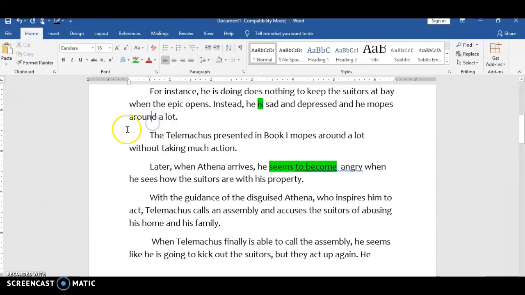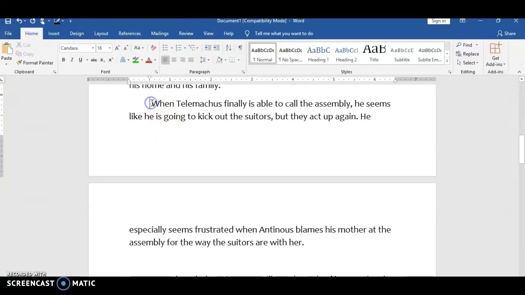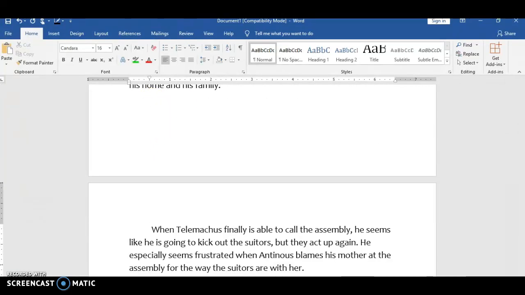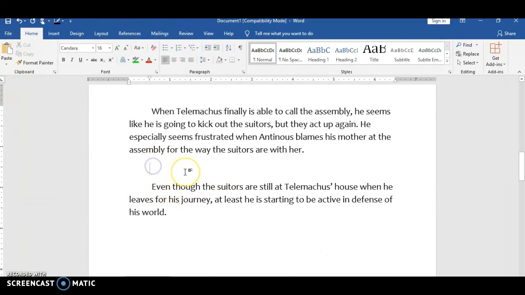And let me just eliminate some stuff here. Put this on the next page so you can see it. Okay. So I can do better than that whole thing.